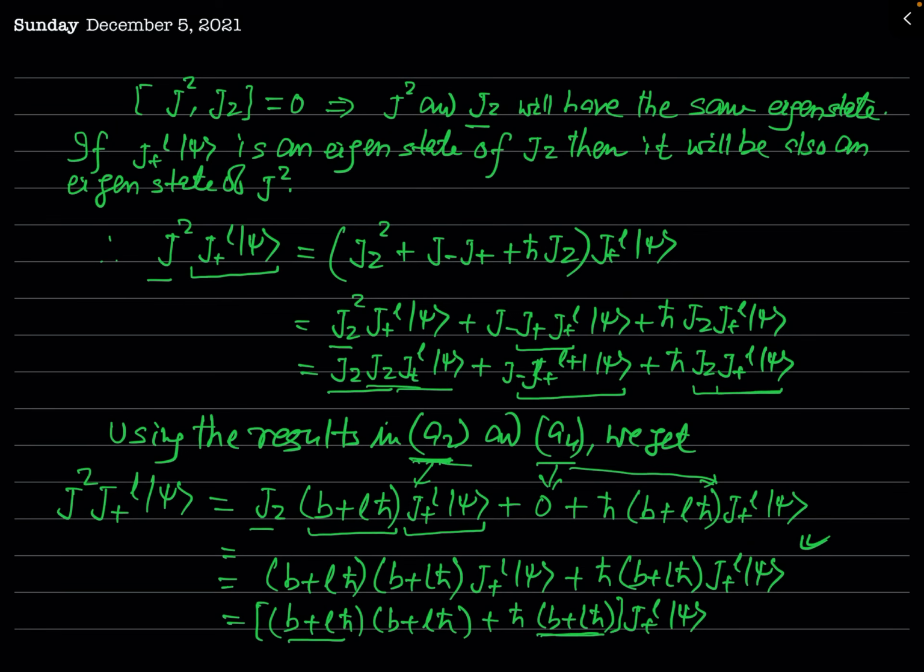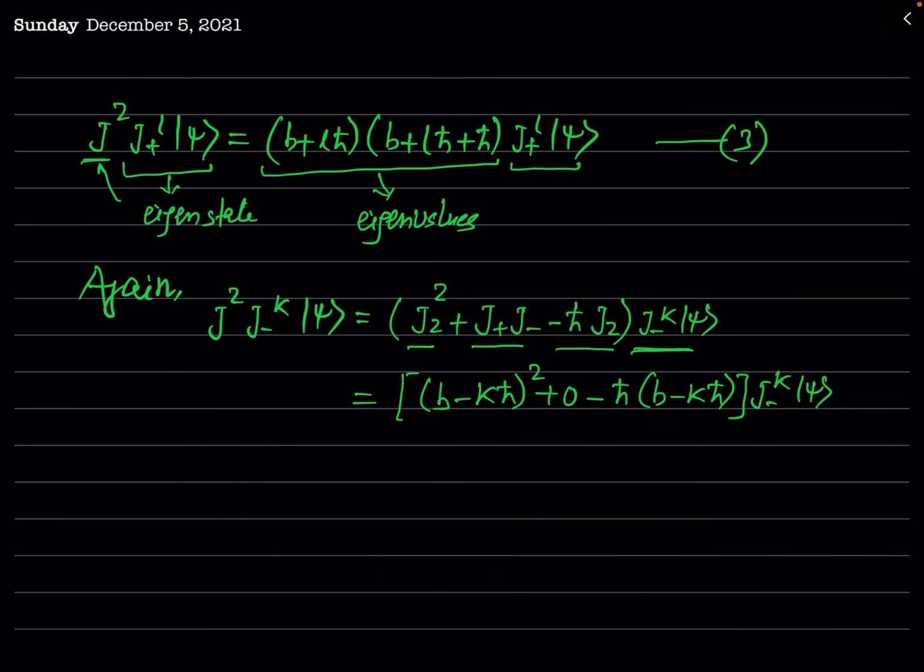You can see this result. This is (b + lħ) whole square plus this much, plus ħ this much. So here instead of plus sign there will be minus, because this term ħ Jz is minus, and l has been replaced by minus k. So you can do the algebra in the light of the above calculation.